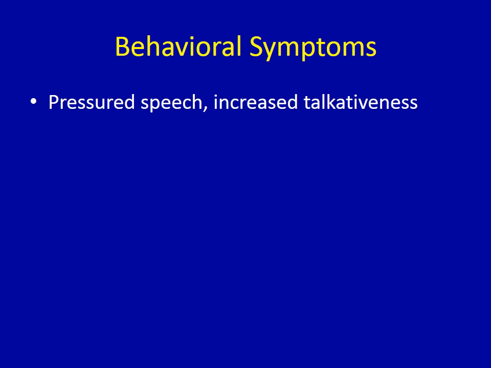So when we're evaluating these behavioral symptoms, we always want to compare this to an individual's baseline. So if an individual begins speaking really rapidly and it's hard to interrupt and they're talking a lot, and it's not really normal for them, that would be indicative of potentially pressured speech. Increased talkativeness, so talking a lot more, being difficult to interrupt, talking for longer periods of time, can also be signs that an individual is having changes in their speech.